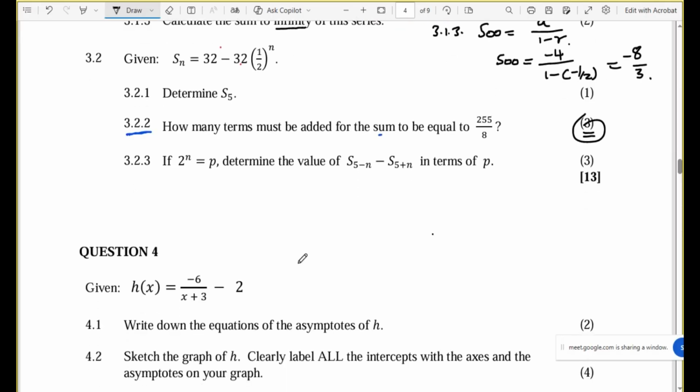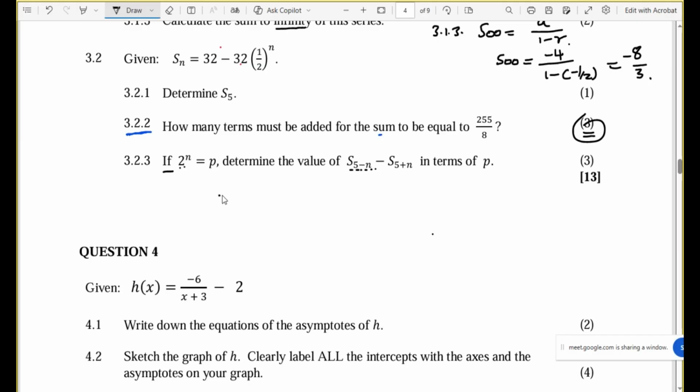Guys, look at this. If 2 to the n is equal to p, determine the value of this in terms of p. This is also another 3 marks, meaning that let's first find s of 5 minus n, meaning that on the equation, where there's n, we put 5 minus n.